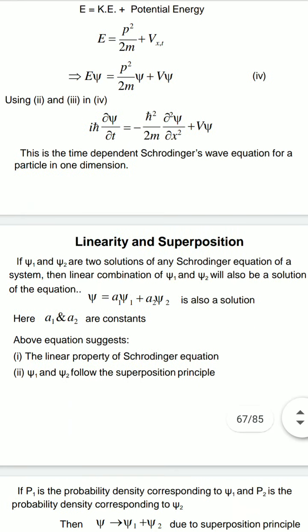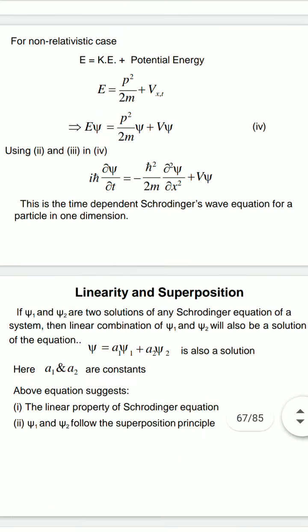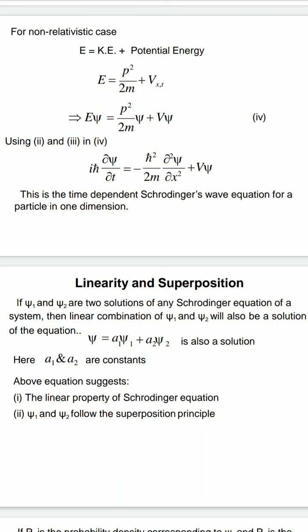Now let us move to linearity and superposition. Let us take two solutions of a Schrodinger equation. The above equation is a Schrodinger equation, time dependent, isn't it? So the solution for this Schrodinger equation is psi.